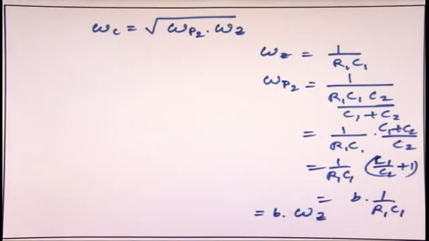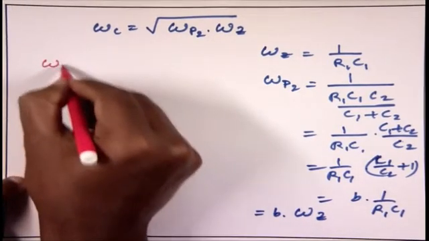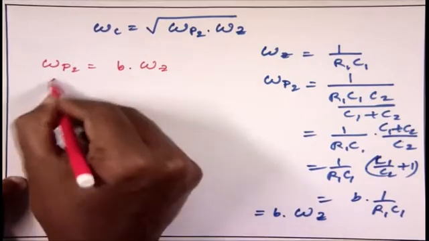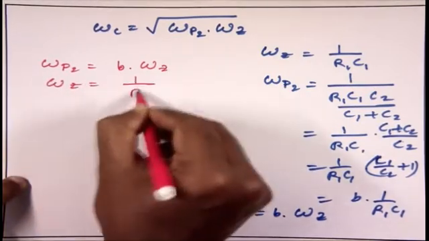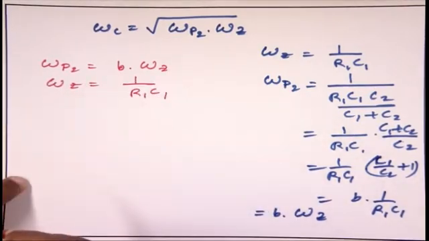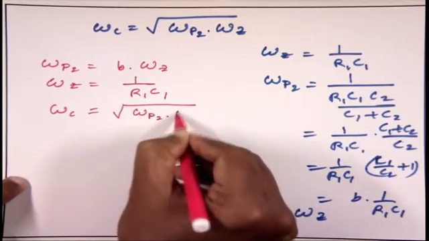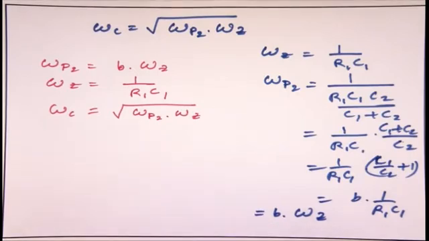So omega p2 is actually B into omega z, where omega z is 1 by R1 C1, and omega c is the square root of omega p2 into omega z. So you now have all the sufficient information in your hand.